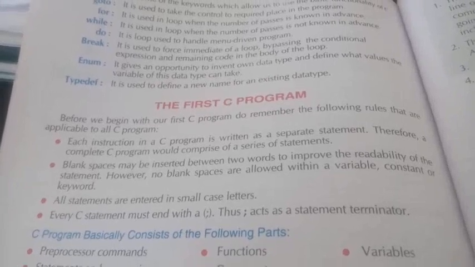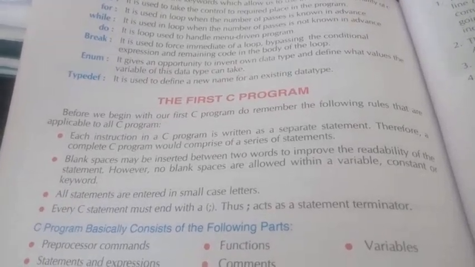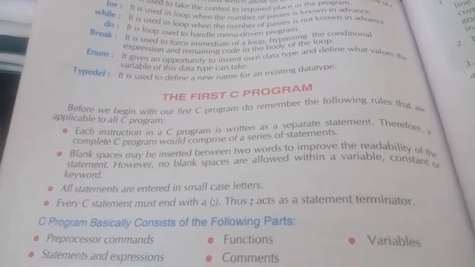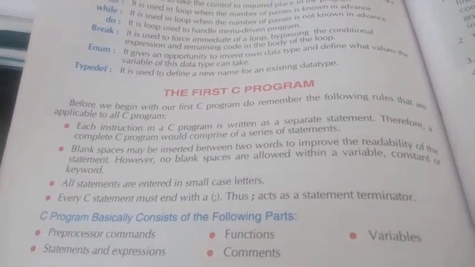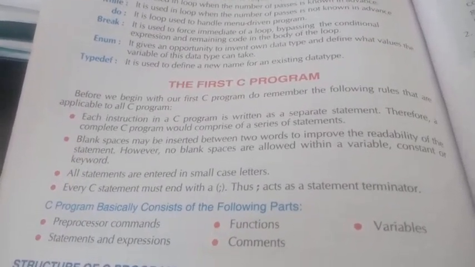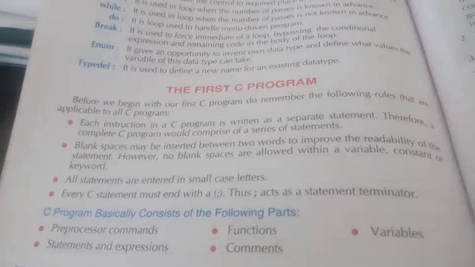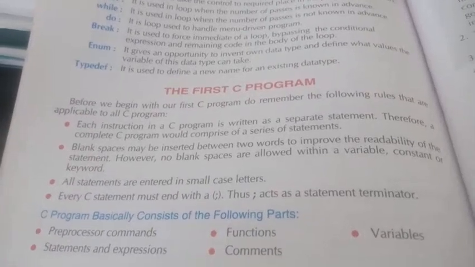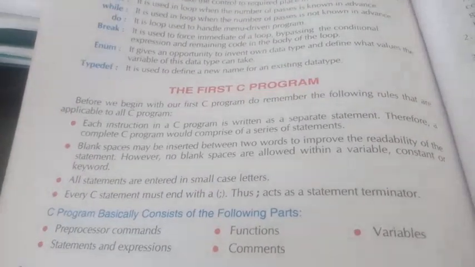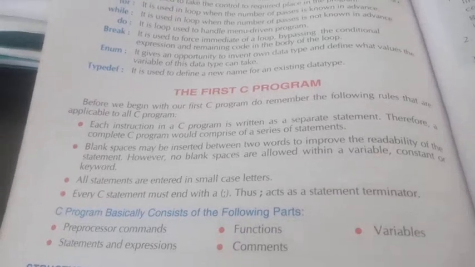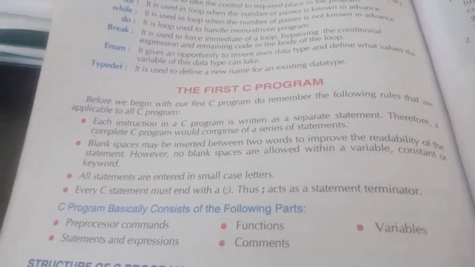All statements are entered in small case letters, and every C statement must end with a semicolon. If we talk about the English language, we need a full stop. So here we use a semicolon.